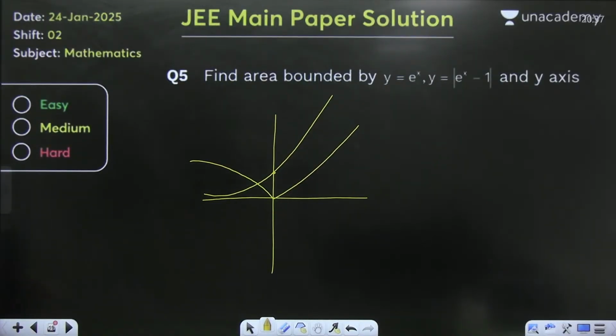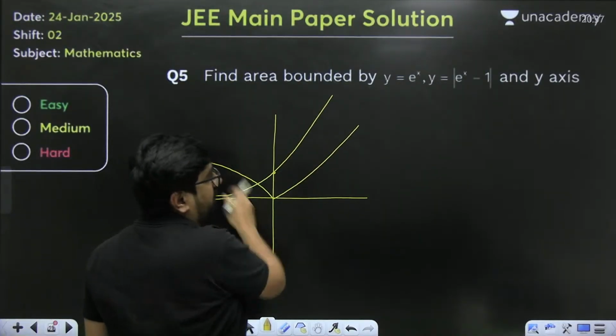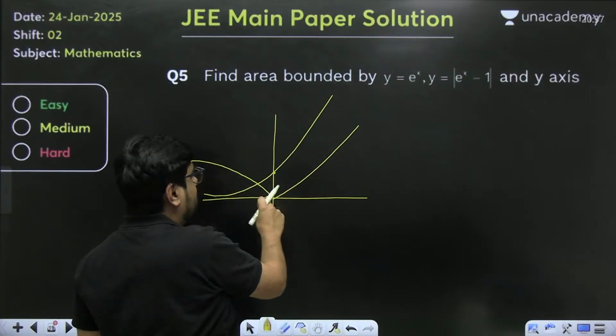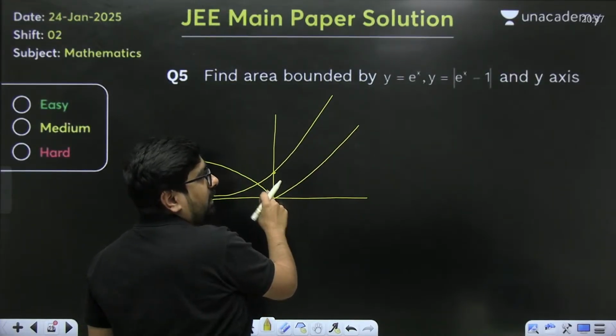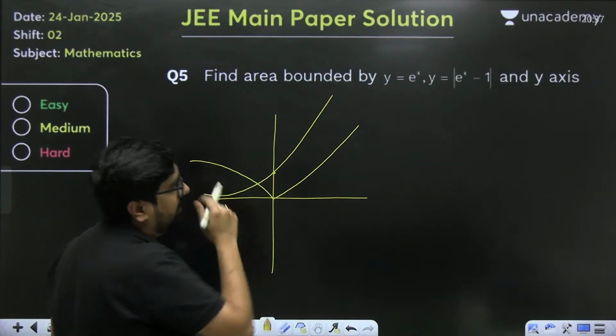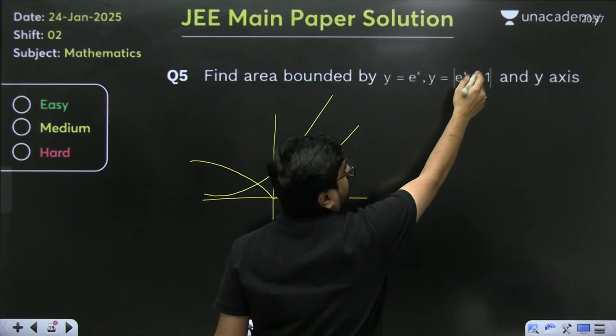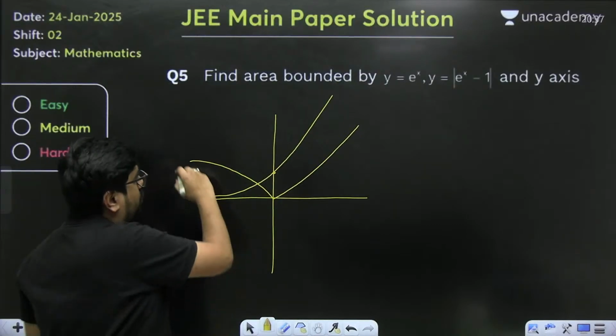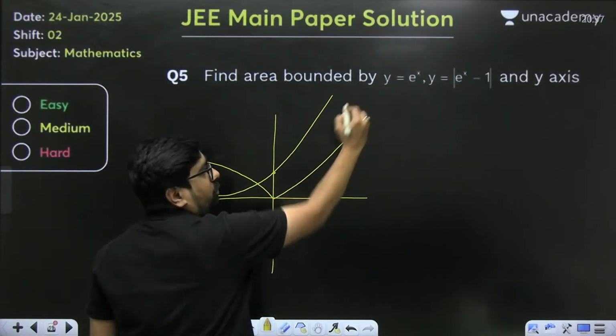It would have gone down, but mod is there, so here it is becoming 0. At x equal to 0, y is also becoming 0. Check: at x equal to 0, 1 minus 1 will become 0. So this graph, instead of going like this, it will go like this.